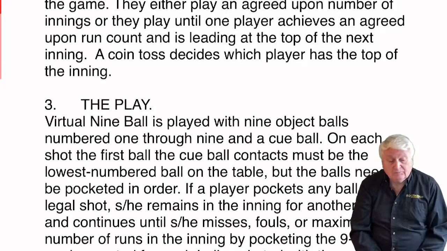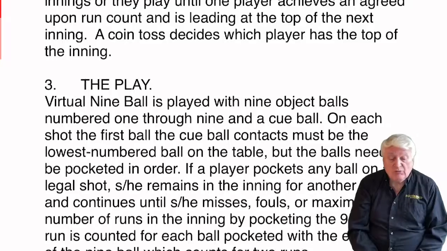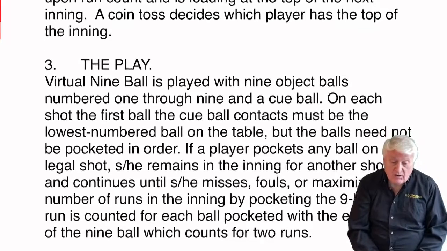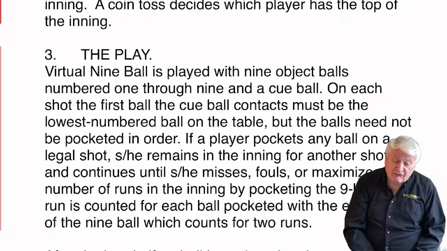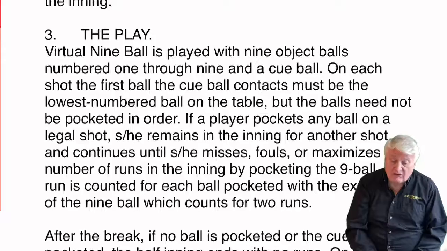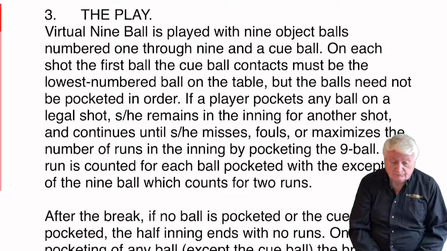The play. Virtual 9-Ball is played with 9 object balls numbered 1 through 9 and a cue ball. On each shot, the first ball the cue ball contacts must be the lowest numbered ball on the table, but the balls need not be pocketed in order.